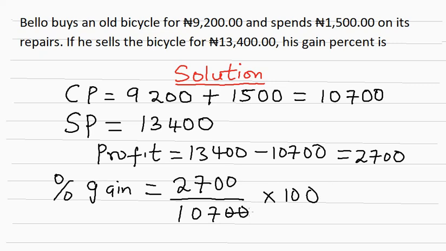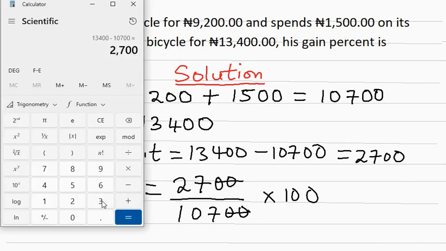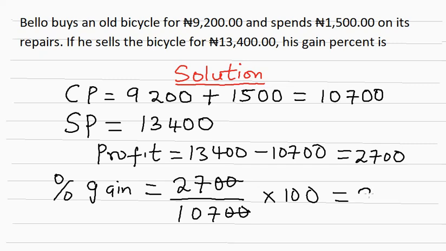So this is going to be equal to 2,700 divided by 107. What do we have? All right, so 25% approximately.